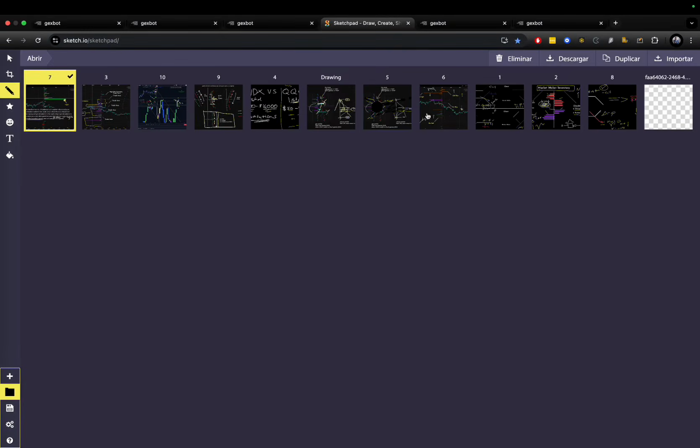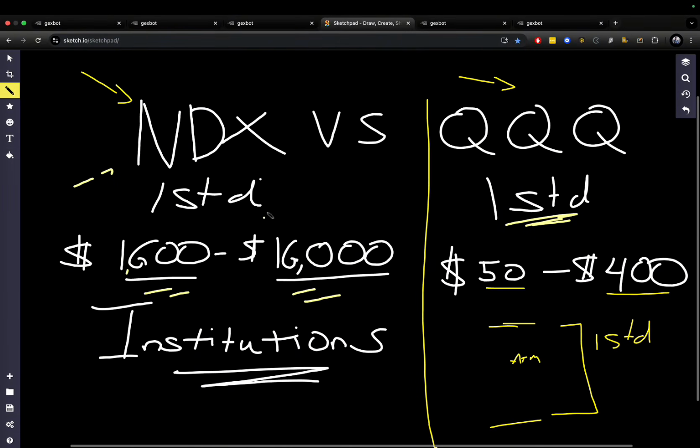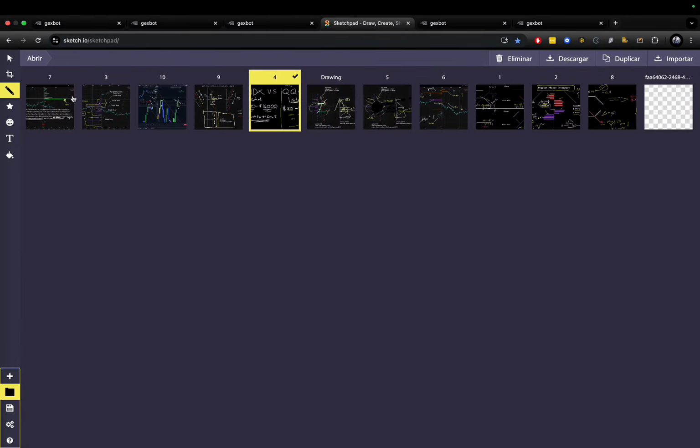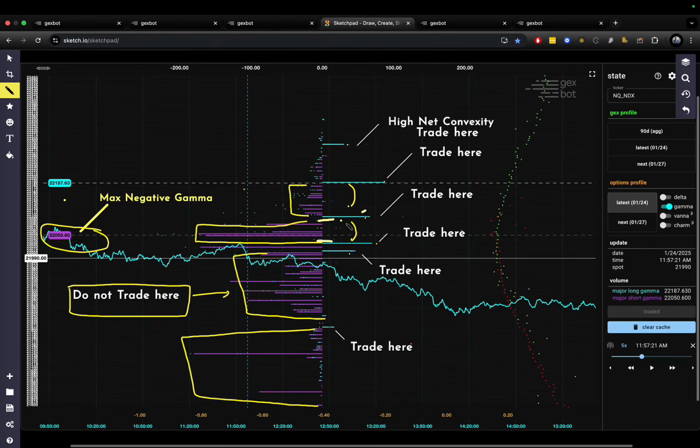If we see only these big institutions coming into the market with lots of money, and Gexbot classifies the excess of gamma, well, we only have to do a little bit of market analysis, right? Establish some levels and wait for the excess of gamma to come into the market.